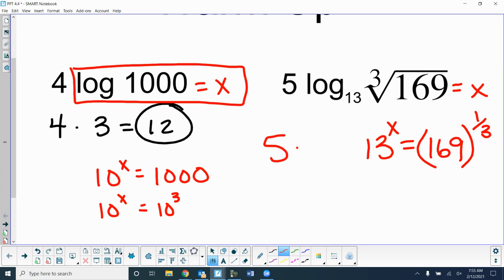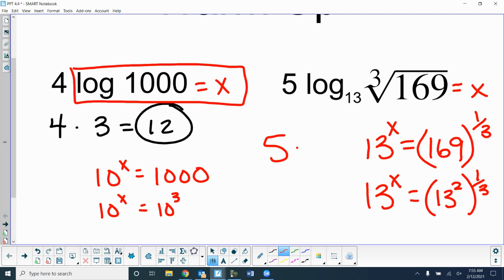Okay? Now, what we want to try to do, like we did here, is use the same base. So, does 13 go into 169? Yeah, it's 13 squared. All right? So, I could rewrite 169 as 13 squared. What am I supposed to do with the 2 and the 1/3? What's the rule for exponents there?